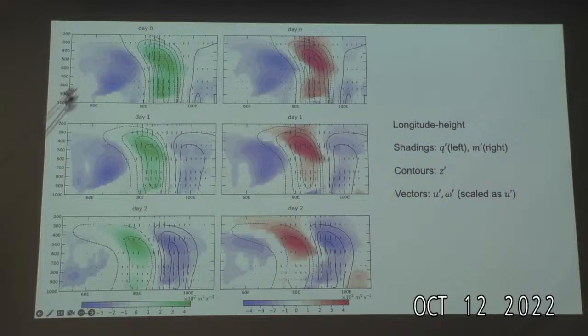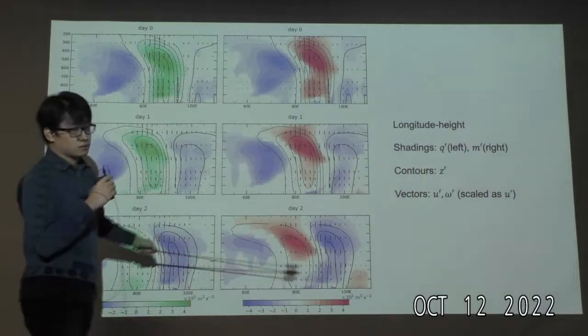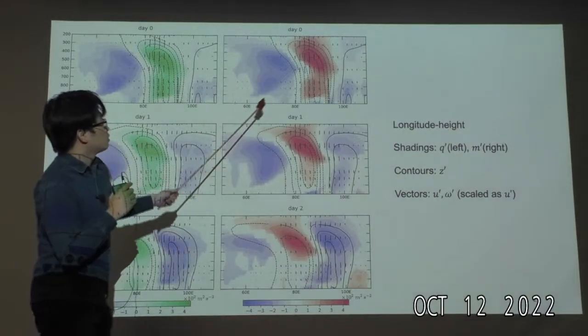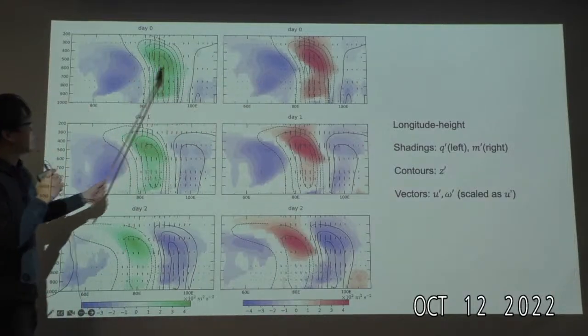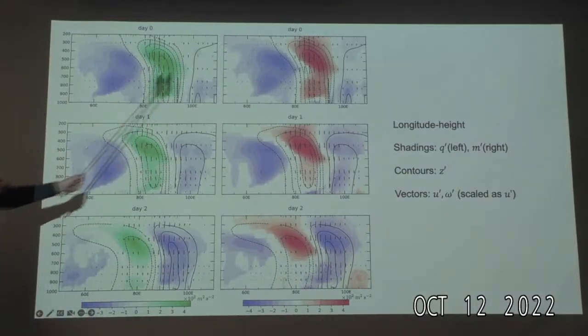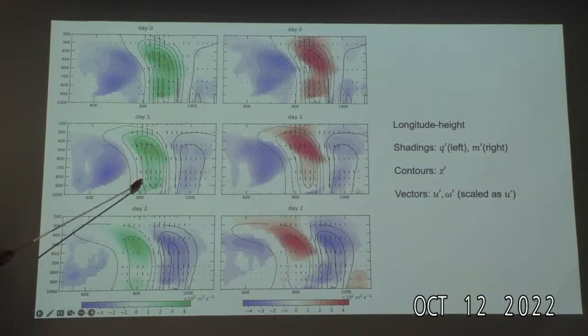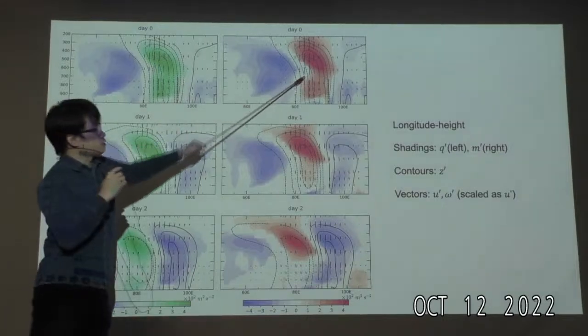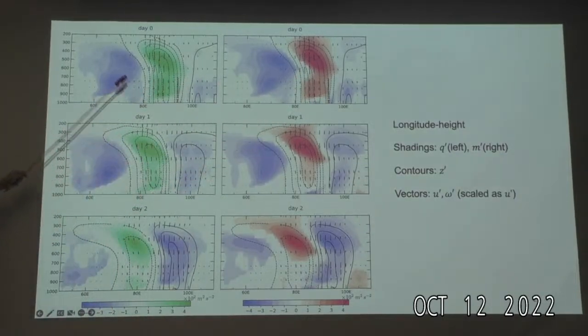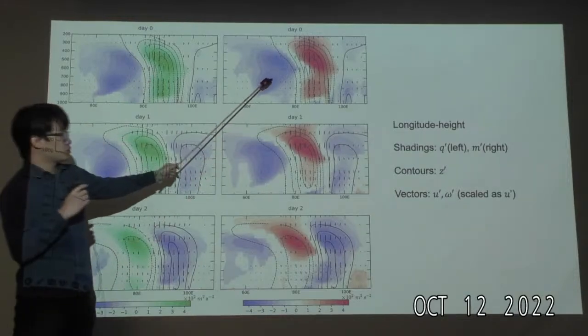So for this one, on the left is also the moisture, and on the right is the MSE, moist static energy. If you compare these two, you can find that generally they are the same. Same movement, same speed, but if you look at the secondary centers here and here, near the low levels, from day 0 to day 2, the decaying speed of this secondary center is a little bit slower in the moisture than in the moist static energy.